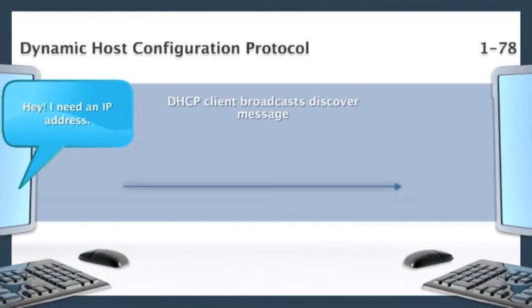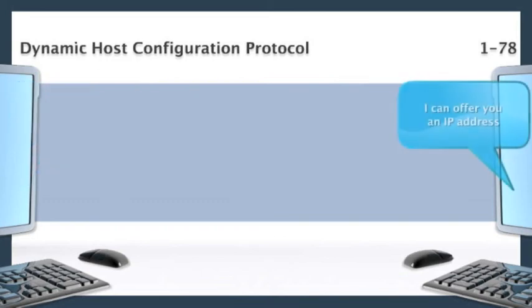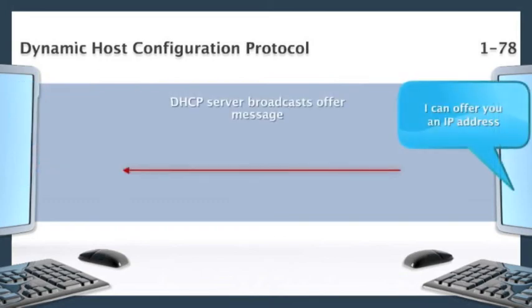The first step is what's called the discover message. The machine comes up and says, "Help! I need an IP address so that I can communicate on this network." A machine, a DHCP server, hears this and says, "Okay, I will send you an offer message.